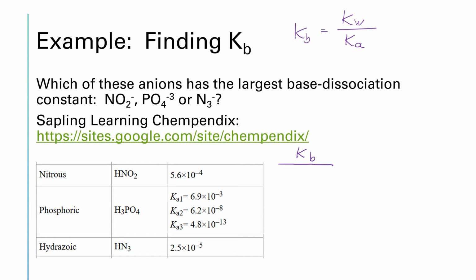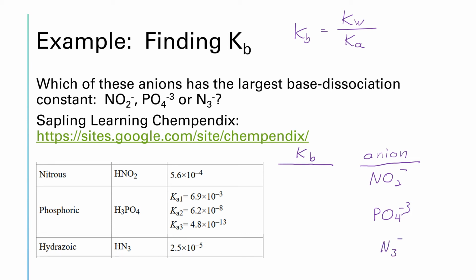So let's go ahead and run all of this through, and I'll list which anion we're working with here as well. So for the nitrite ion, and then the phosphate ion, and finally for the azide ion.